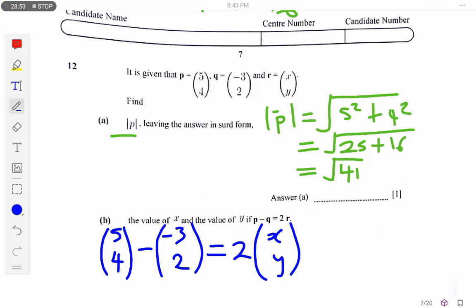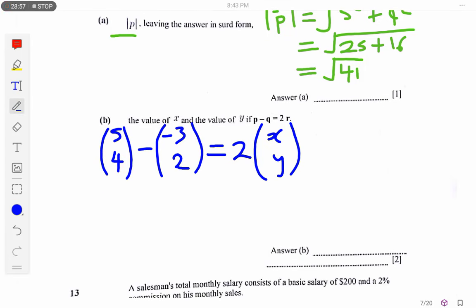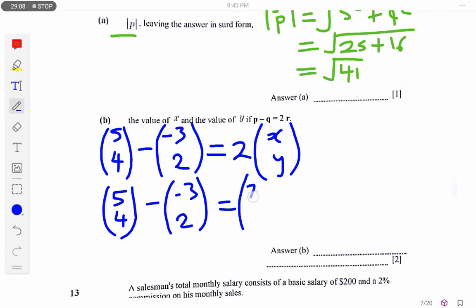Okay, so when we have such a vector there, let me put my 2 first. So I'll have 5, 4 minus 3, 2 here is equal to now 2x, 2y. So I can even simplify. Let me just simplify. 5 minus 3 there, I'll get myself an 8. 4 minus 2, I get a 2 there.